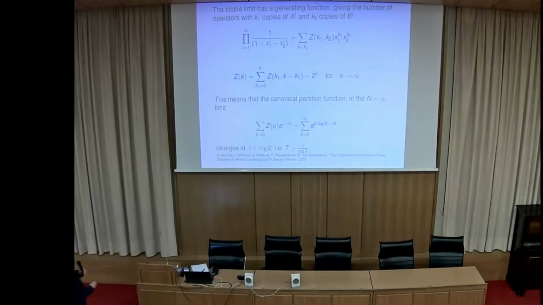So now if you look at the thermal function, e to the minus beta K, K is the energy, times this degeneracy. Now, depending on whether beta is smaller or larger, this will converge or diverge. And as a result, there is this Hagedorn transition.